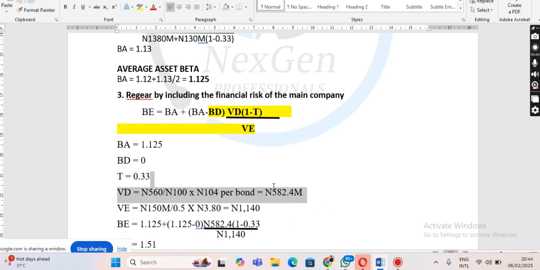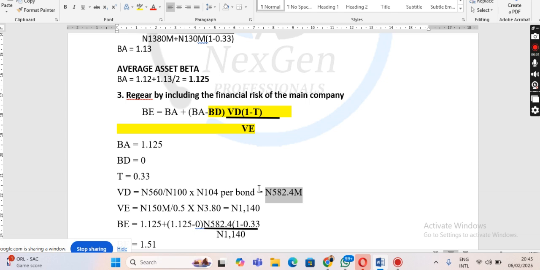You can see the value of debt of the main company here, and the value of equity of the main company, which we did yesterday, right? So I just need to copy all this and put it in that part, so that we can quickly calculate this, then we'll look at a fresh question.